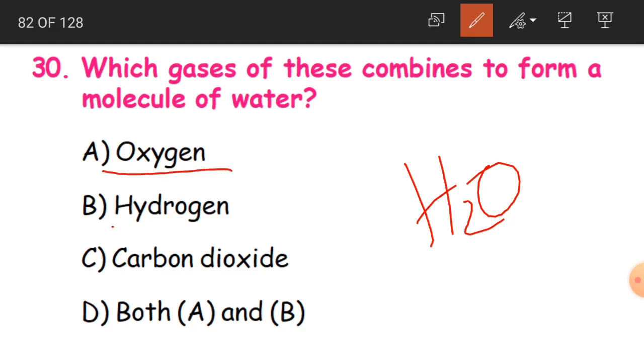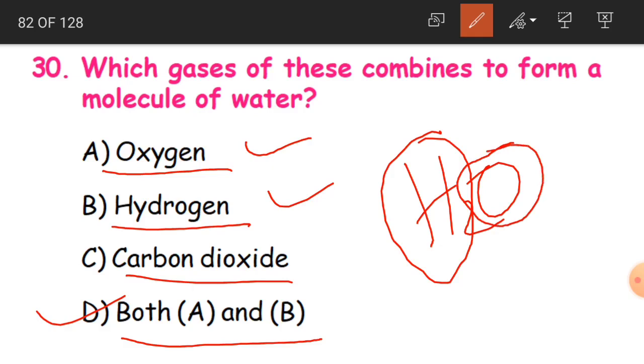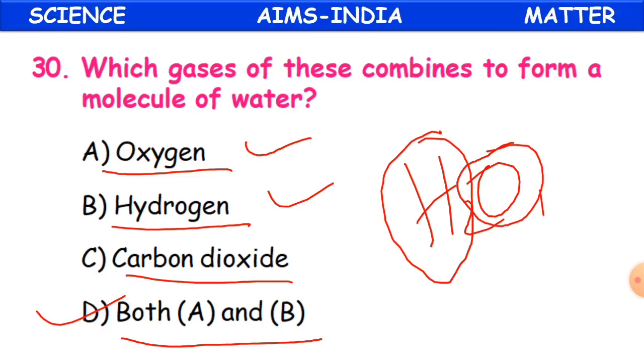Is it oxygen, hydrogen, carbon dioxide, or both A and B? The answer is D, that is oxygen and hydrogen. H is of 2 atoms, that is hydrogen, and oxygen is of only 1. So both A and B is the correct answer.